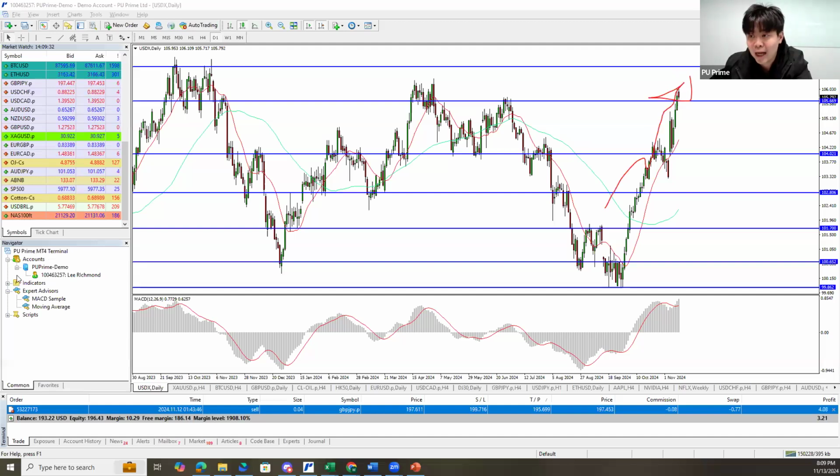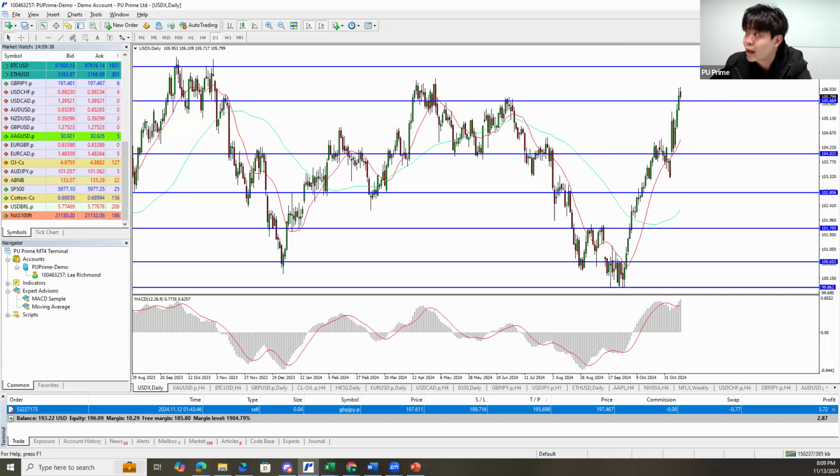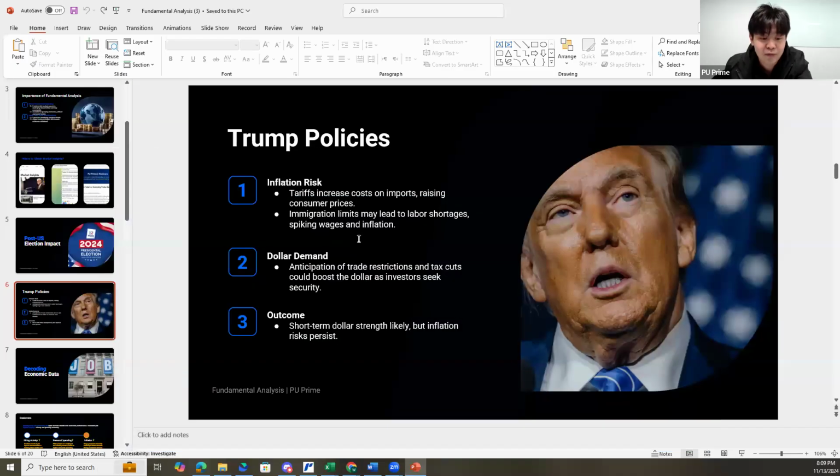To understand why Donald Trump's win provides such a positive impact on the dollar, we need to focus back on his policy. During the presidential speeches when he competed with Harris, Donald Trump mentioned a lot of things that could be beneficial to the US economy in the very short term, but might affect multiple other countries, specifically China.